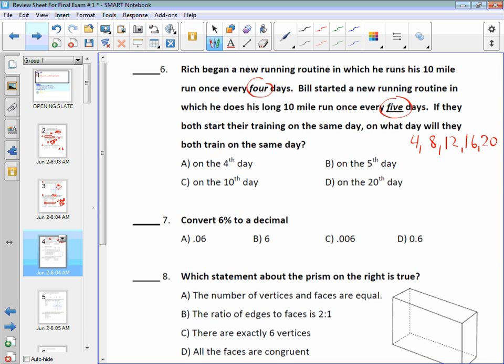I'm going to stop at 20 because you're going to make a match at 20. See what I did there? And then some of you just kind of see it in your head. Oh, 4 and 5, what's the smallest number that 4 and 5 go into? It's 20, so it's D.